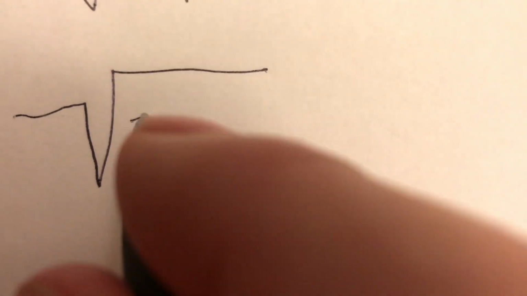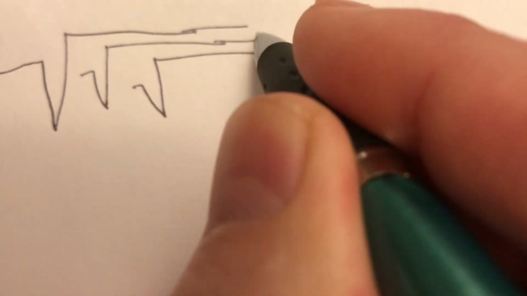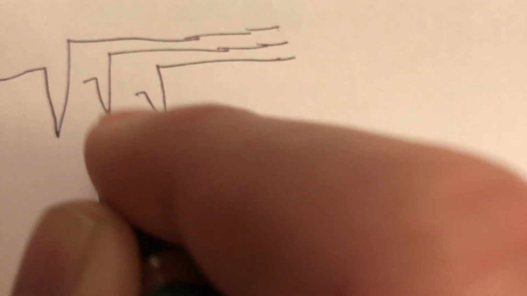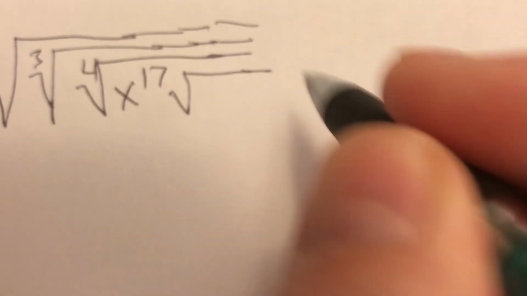I'm going to rewrite everything, I don't have to do any calculation or simplifying anything. Here is a 3, here is a 4, and x to the 17, because 16 plus 1 is 17, so I'm multiplying those same variables with different powers.